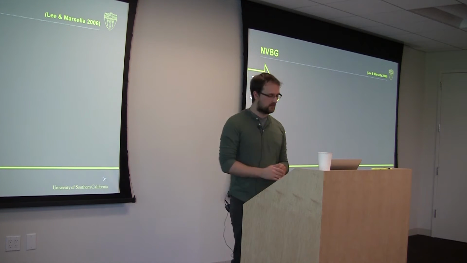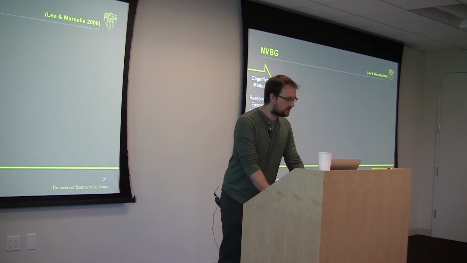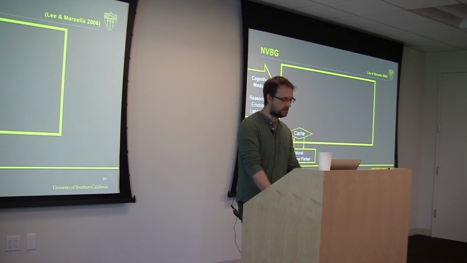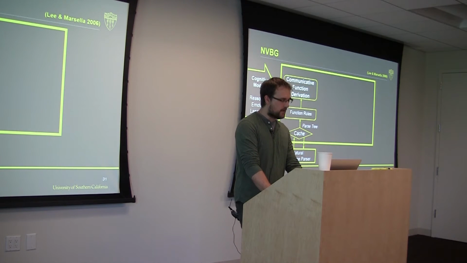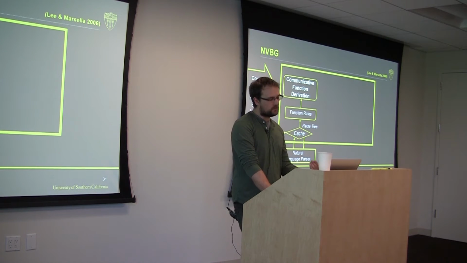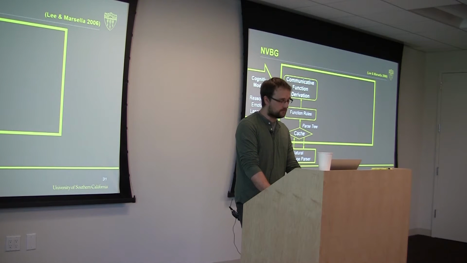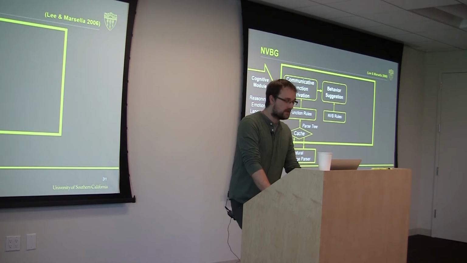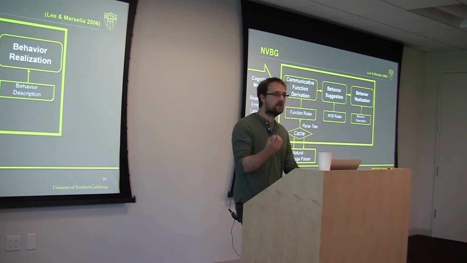That's happening here. Now at the surface text at the bottom, as you can see, there are some grammar rules, a lot of keyword spotting, and some syntax. We derive from that a certain function, so the fact that I'm addressing somebody or that I'm talking about me. That suggests certain behaviors, like I just mentioned, and we realize those behaviors in our animation system.